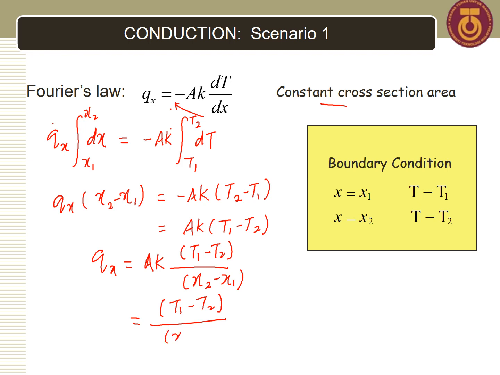The part x2 minus x1 divided by AK is the resistance.